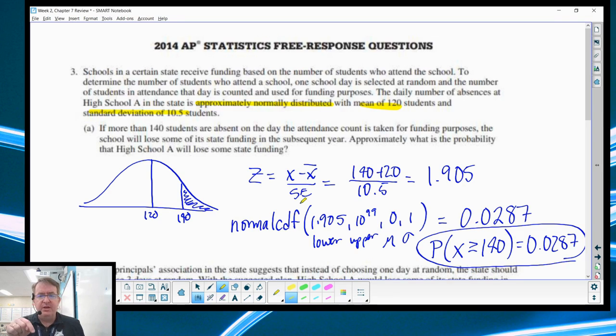Then make sure if you're going to end up using your computer or your calculator for it, normal CDF, and then write out what you're using. So lower value, upper value, mean, and standard deviation. So I've got 1.905, 10 to the 99th, 0, 1, and I get a probability of 0.0287.